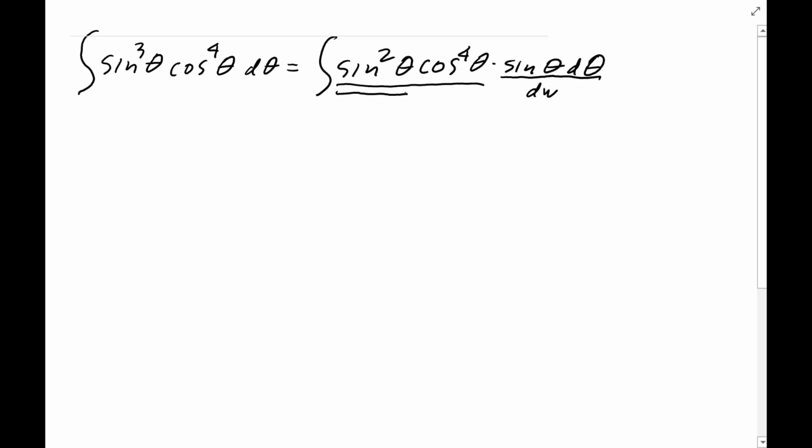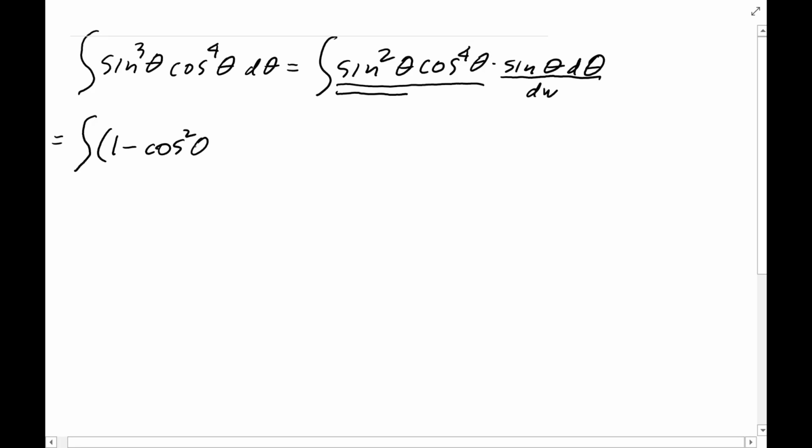How do I get rid of that sine squared and turn it into cosines? Well, I use that Pythagorean identity that says sine squared theta plus cosine squared theta equals 1. If you solve that for sine squared theta, you get sine squared theta is 1 minus cosine squared theta. And we get this integral.